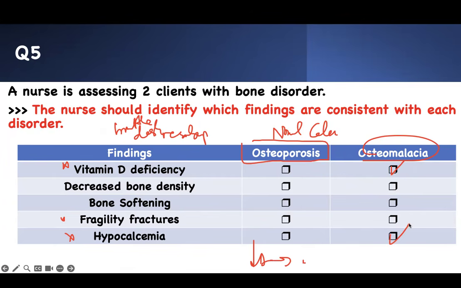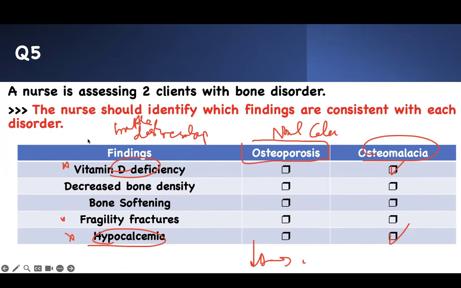Hypocalcemia. People always make a mistake. Hypocalcemia does not lead to vitamin D deficiency. But if you have vitamin D deficiency, you're more likely to have hypocalcemia because you cannot absorb your calcium. So vitamin D deficiency and hypocalcemia are associated with osteomalacia.